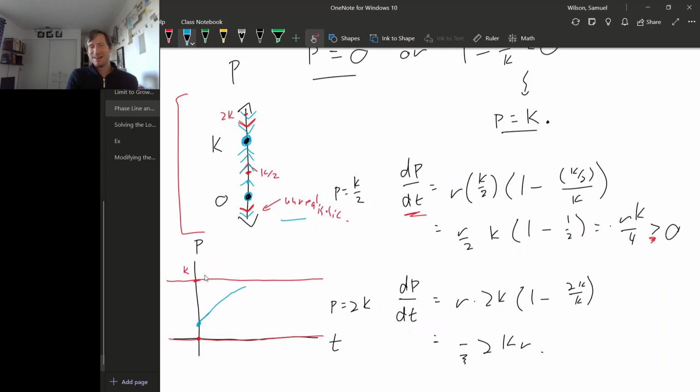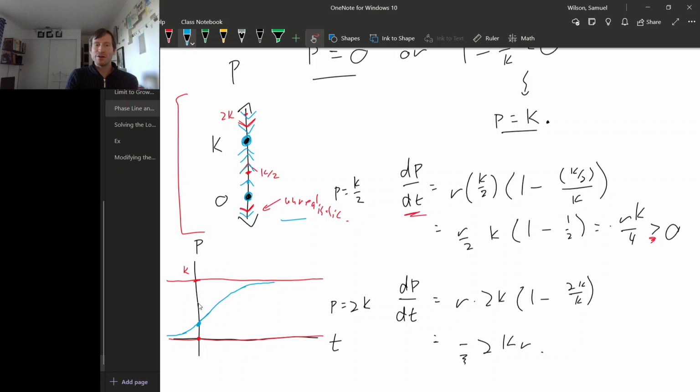But it's actually a fact that these solutions can't cross. I won't prove that, but it's true. So since we keep increasing, but we can't actually touch this horizontal line at height k, we have to slow down like this. And in fact, we could run time backwards and decrease towards population 0. But again, we can't touch population 0 because these solutions never cross. So we get a solution like this.